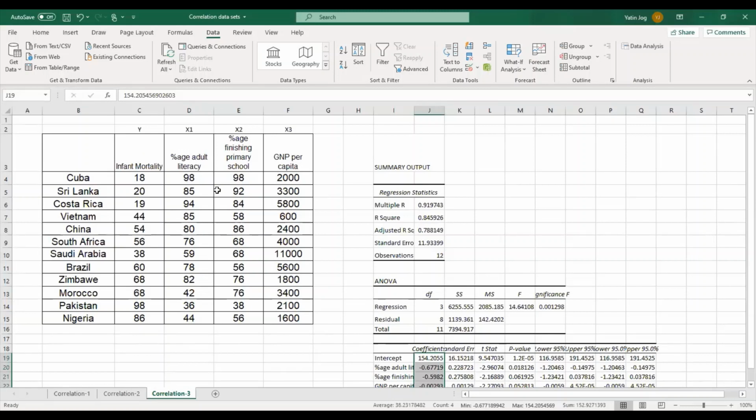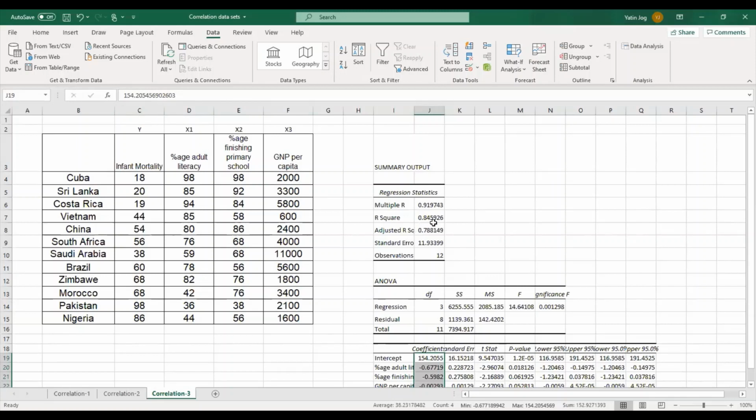So individually, x1, x2 and x3 may not be good predictors of y, but when I combine these three independent variables, in combination they predict y accurately, with very high confidence.